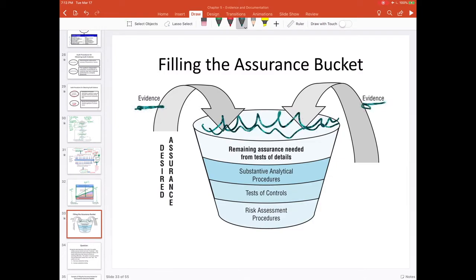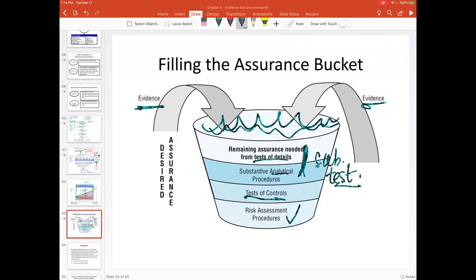And that audit evidence can be made up of a variety of things. So one would be my risk assessment procedures. Some of the evidence is going to come from test of controls. And some of the evidence is going to come from these two parts of the bucket, which are substantive testing, right? One is just analytical and one is test of details, but both are substantive testing.